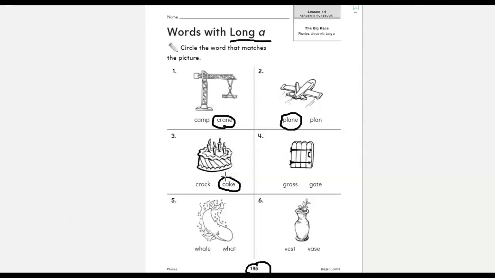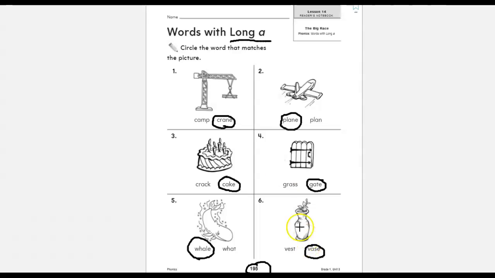On number 4, this is a picture of gate. On number 5, this is a picture of a whale. And on number 6, this is a picture of a vase.